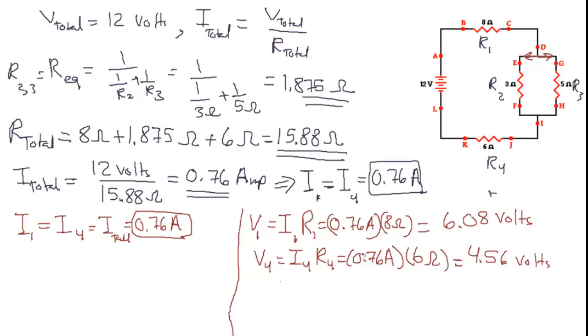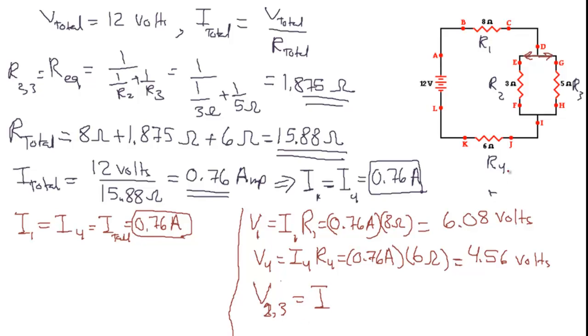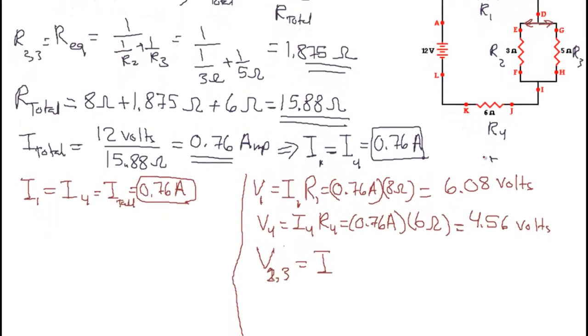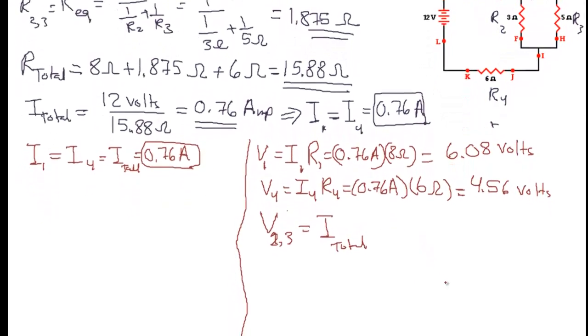Now, in order to find the voltage drop across R2 and R3, we need to find the voltage drop across the equivalence resistance. So V across 2 and 3 will be simply the electric current that goes through our equivalence, which is the total current. Because remember, this is the circuit here.